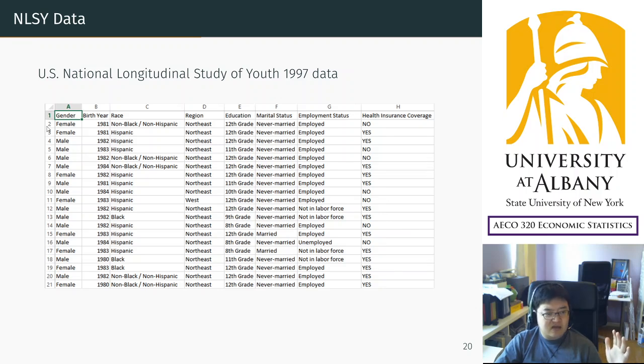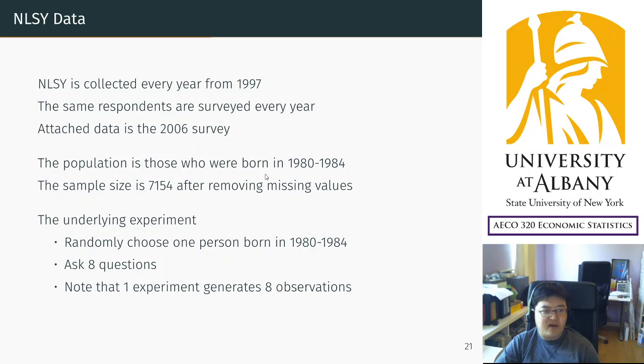And it does not contain all the data. The full data set I have has more than 7,000 individuals. Let me briefly describe what the data set is. NLSY is collected every year from 97. It is still being published every year.